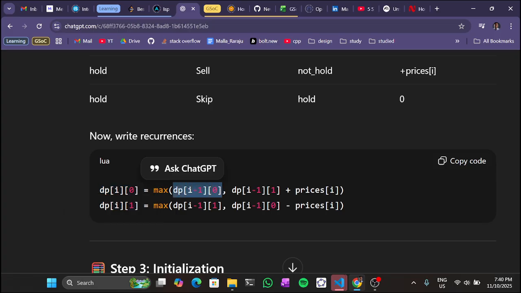Your next step can be dp of i minus 1, 0, i minus 1, 1.